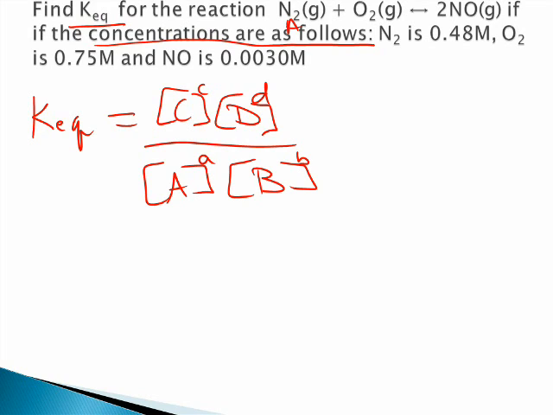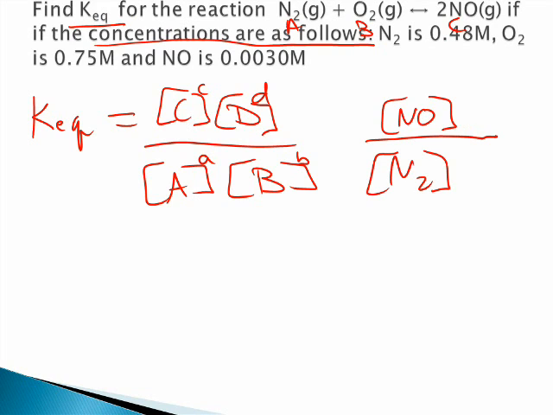And we can say this is NO, the concentration of NO, over N2, the concentration of O2. What about D? Well, there's no D, so we don't have to worry about it.